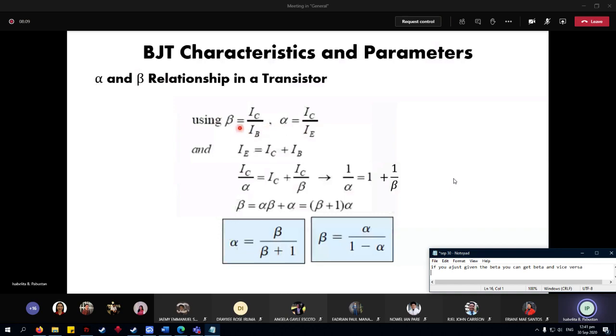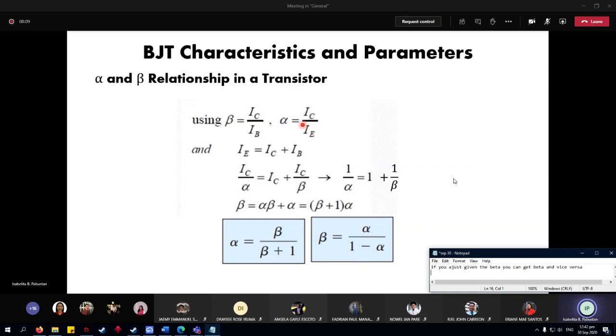The hint here is that the numerator for them is IC. For the denominator, for beta, what would give you a large value? Of course, the denominator will be IB. Another hint: if it is beta, B, then IB. And here, you have no choice. So this is IE.